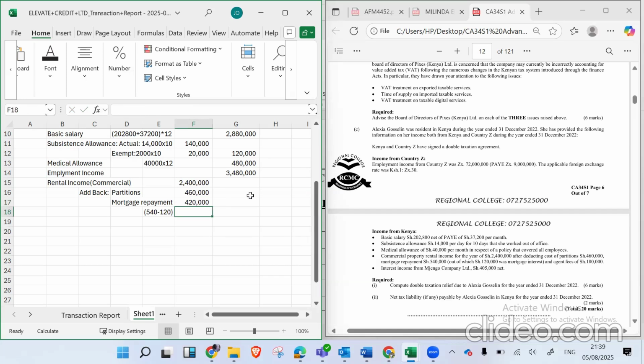Agent fees iko sawa. Then we shall less the capital allowance. Capital allowance, in our case, we had the partitions. Partitions tukiangalia kwa leakage, if you can recall, ilikuwa 10%. So 10% of 460. That should be 46,000.